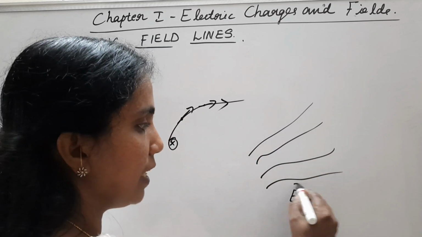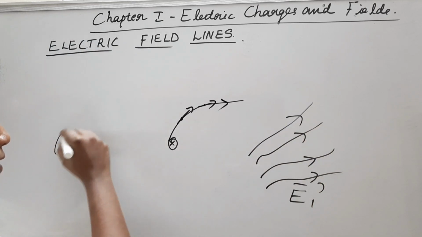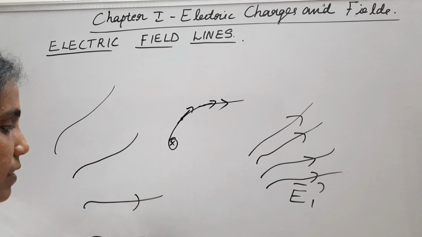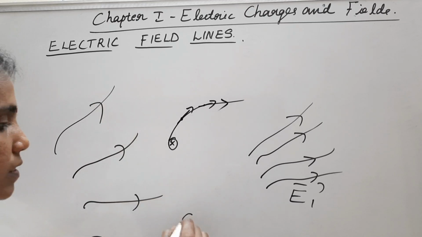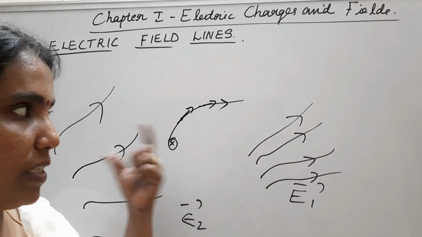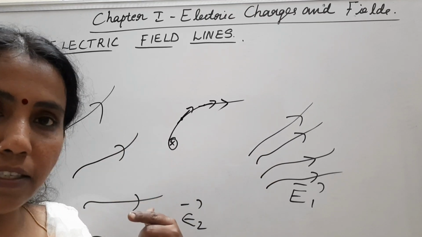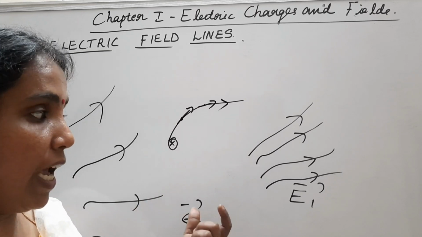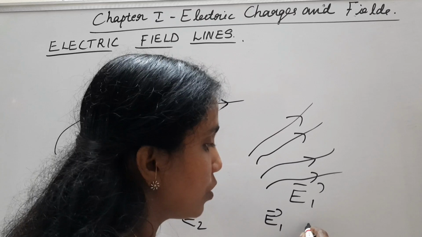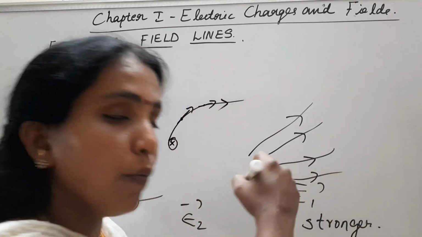This represents an electric field E1, and you have some other electric field like this represented by the same number of field lines. This is E2. So two electric fields E1 and E2 represented by two sets of field lines. The number of field lines are the same, but we say E1 is stronger than E2.